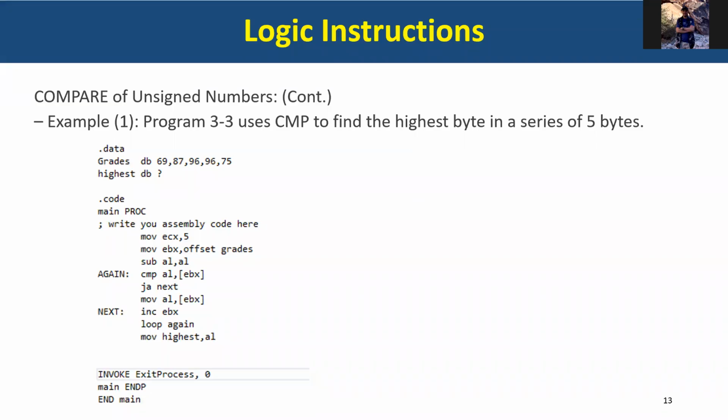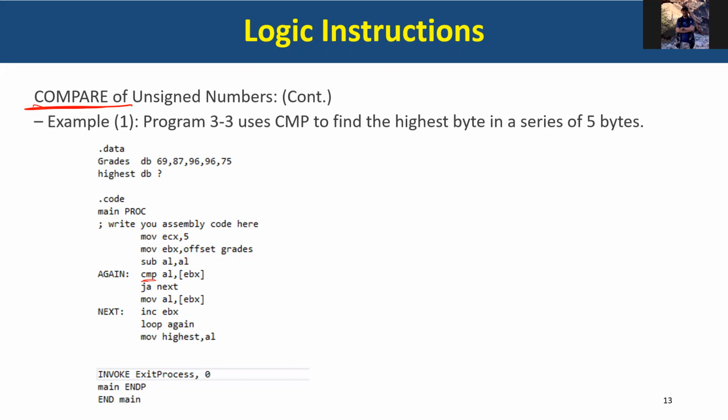In this lab, we're gonna explore an application for the compare instruction, or CMP. This application is basically to find the highest value between five values, or the maximum number between five numbers.